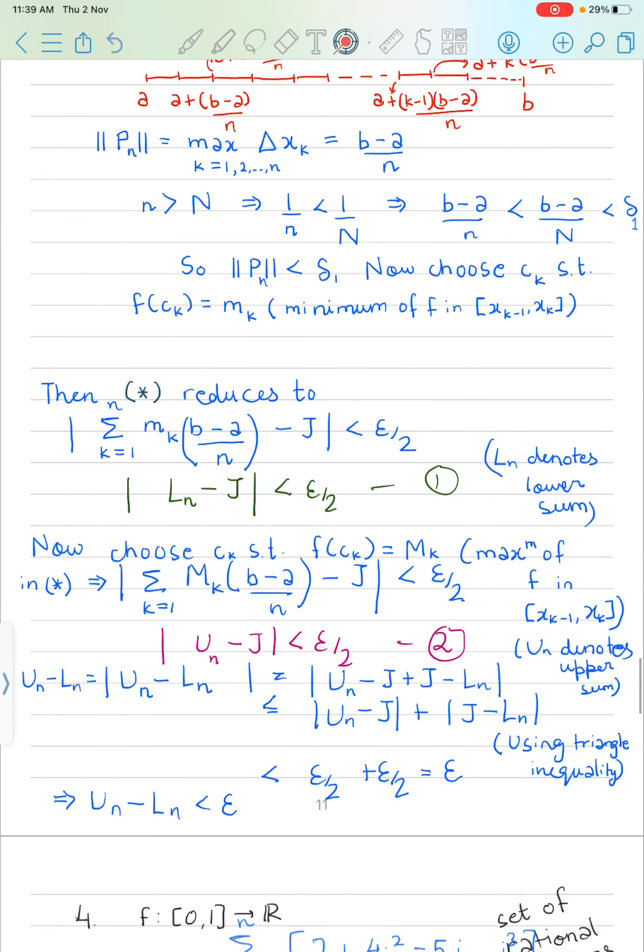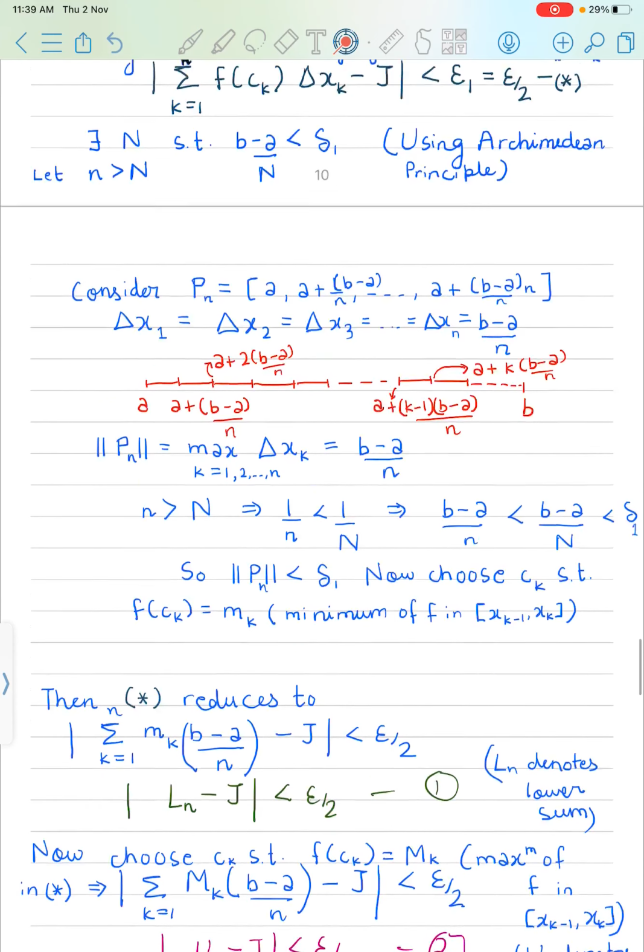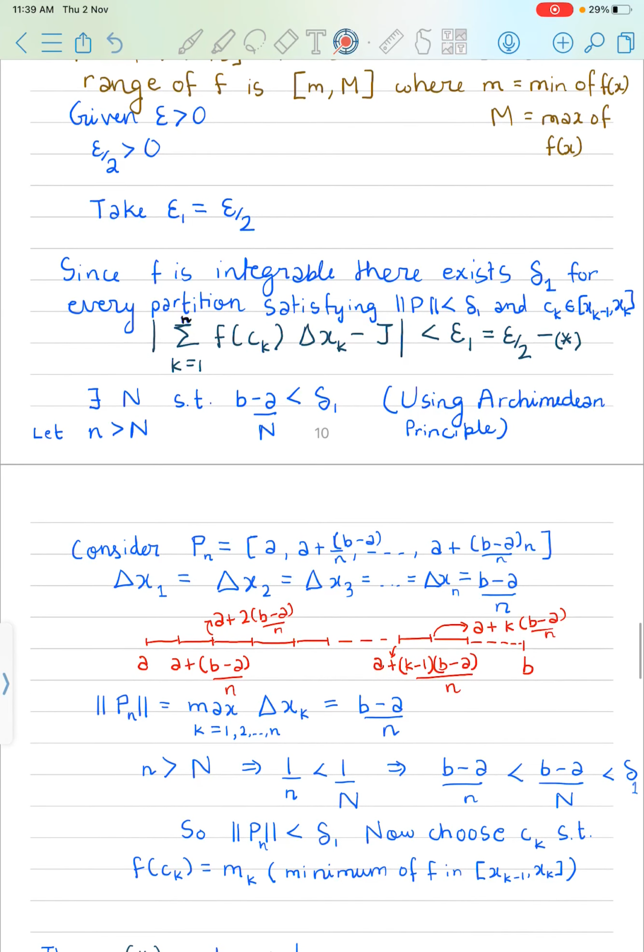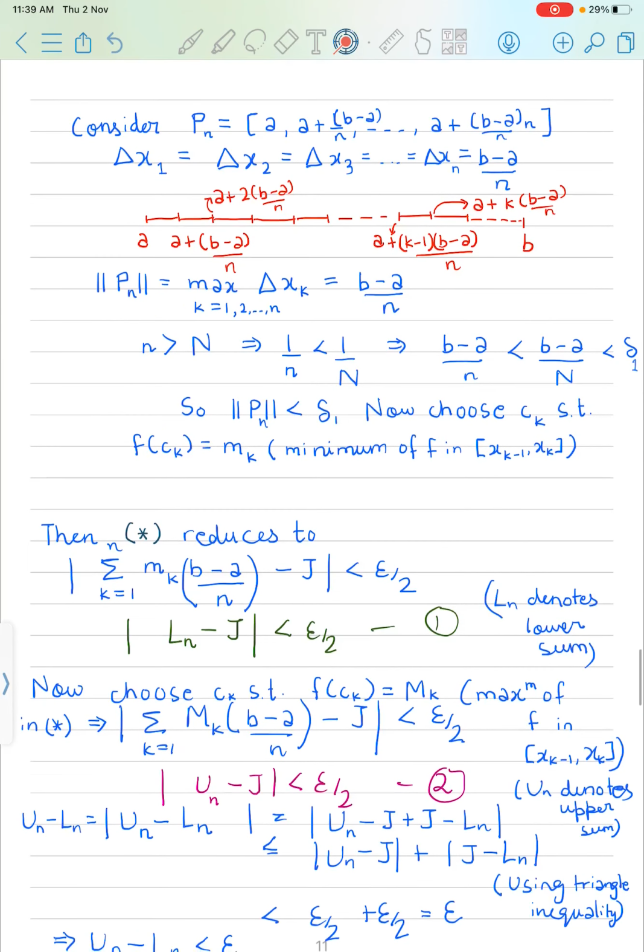Now in this star, if you take f of ck as mk, the minimum, and delta xk is b minus a by n, equally spaced, then this summation is what? This is Ln only. Ln is what?